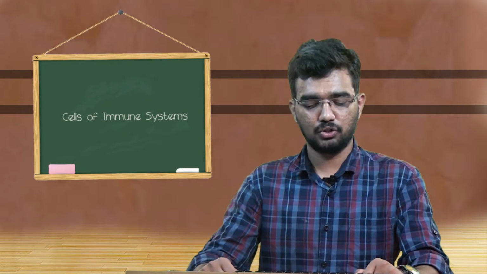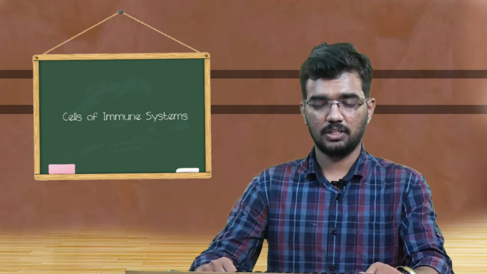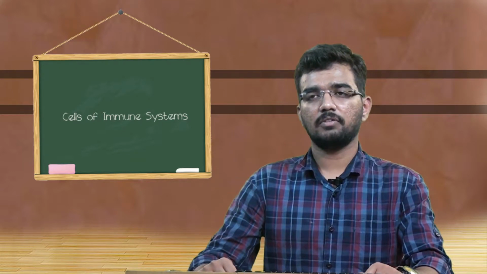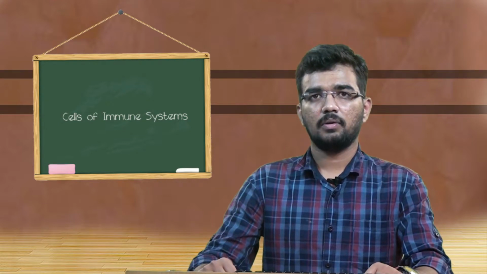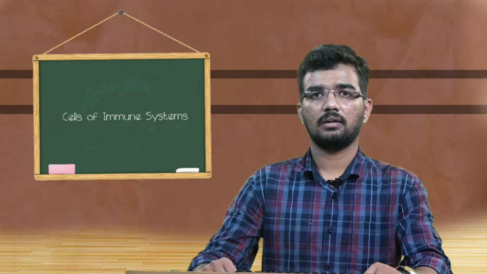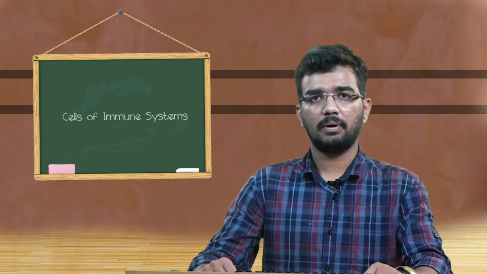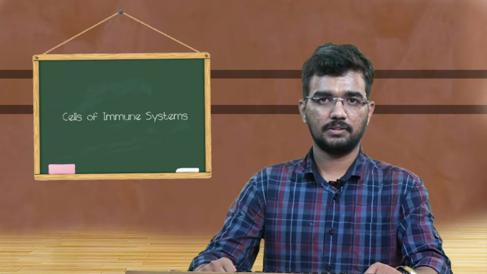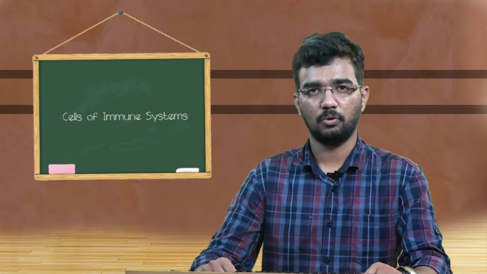The cells are produced in the bone marrow, then they mature in the bone marrow itself. So the B cell serves as a major line of defense in our body. B cells have a peculiar characteristic: they are surrounded by membrane bound antibodies. This makes the B cell different from other cells of the immune system.